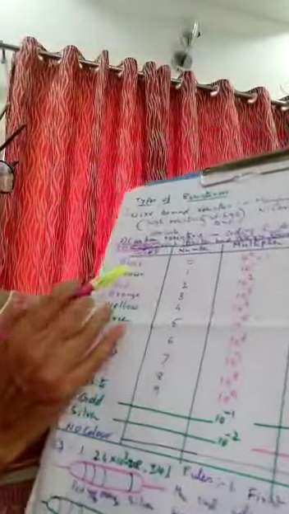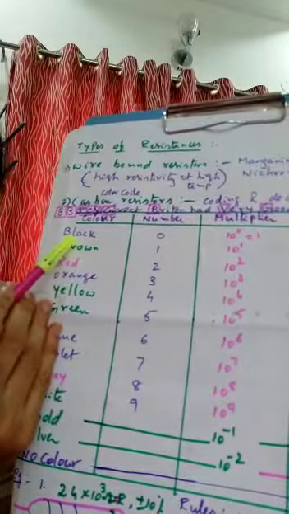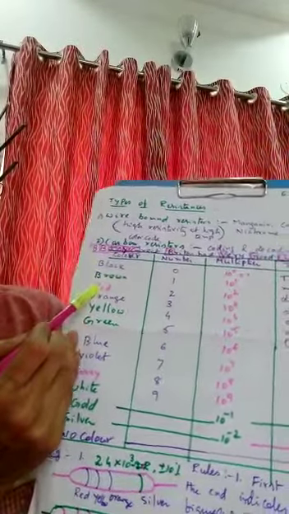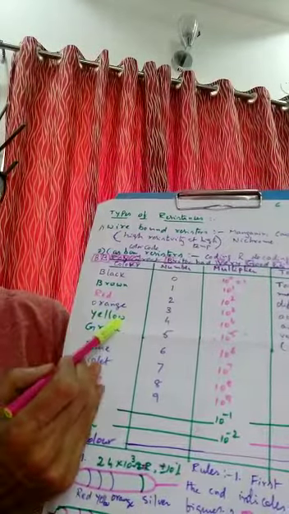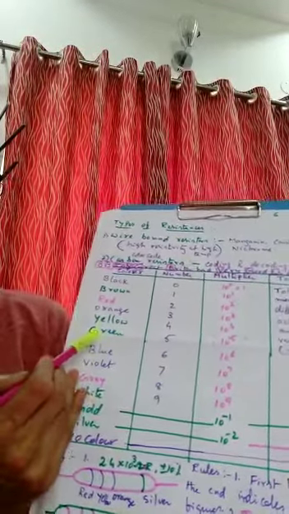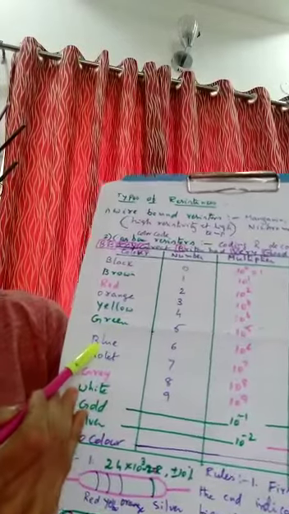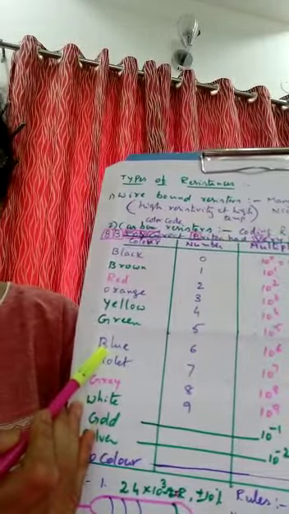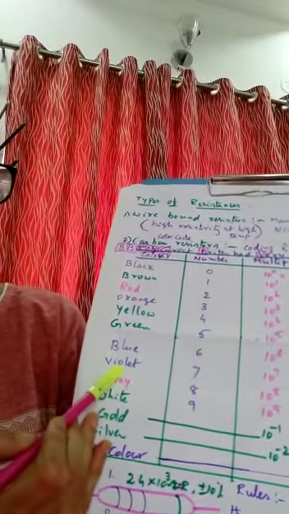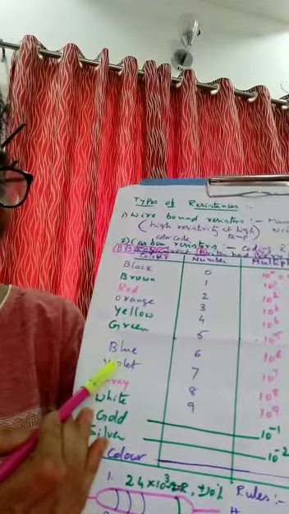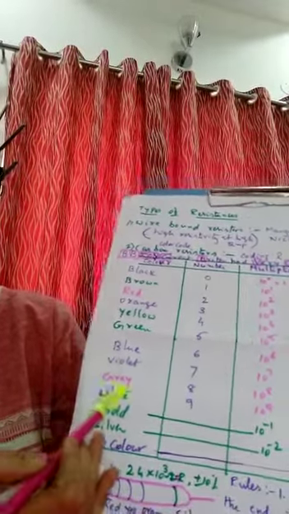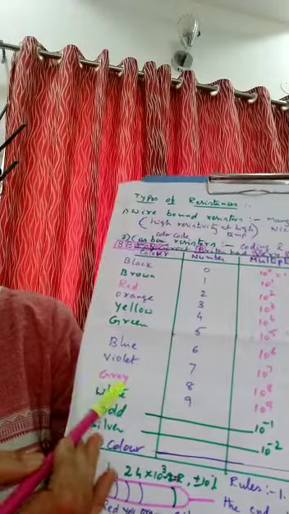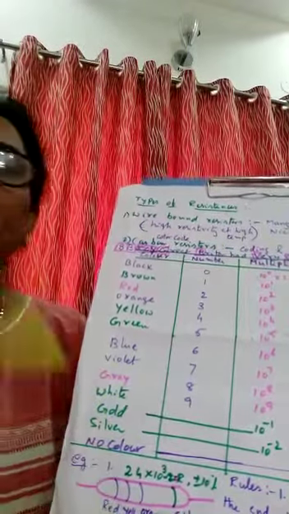See here, B.B. Roy. B for black, first is black, and then brown, then red. Roy, O for orange, Y for yellow, Great, G for green, Britain, B for blue, very, V for violet, good, G for grey, wife, W-H-I-T-E, W for white.